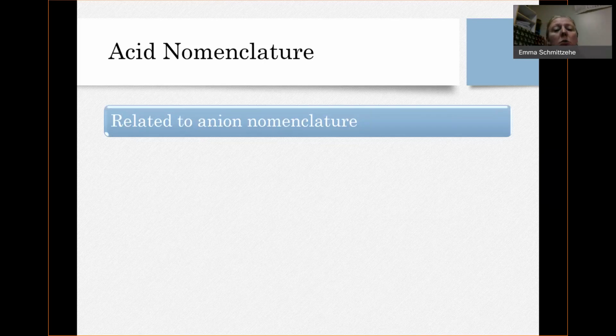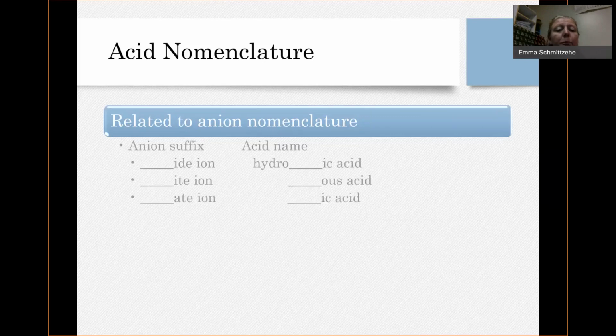Okay, and so you do that by using three rules. Okay, so there's a systematic to all of this. So what you would need to do is focus on what's the anion that's contained in this acid, or the anion that's left behind when it releases its H pluses. And you pay attention to the suffix, okay?